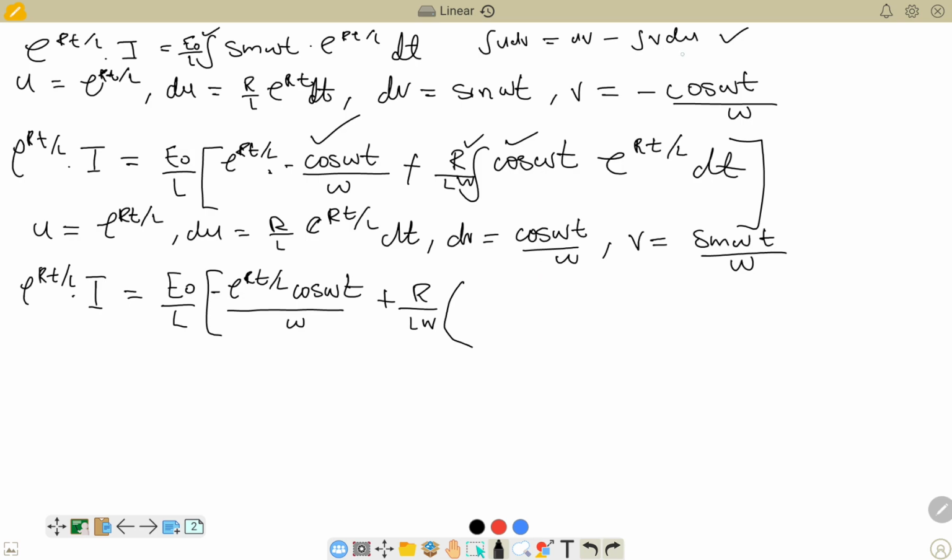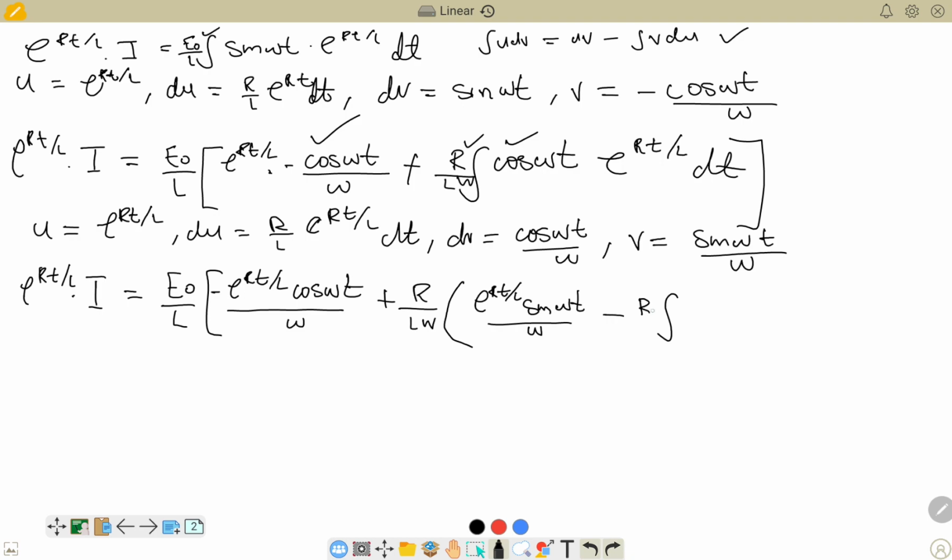We know that it's uv minus integral of v du. So our u is e to the power rt over L. What is our v? It's sine wt over w minus the integral. Again, because we will still have the integrals, the constants in v du are w and r.